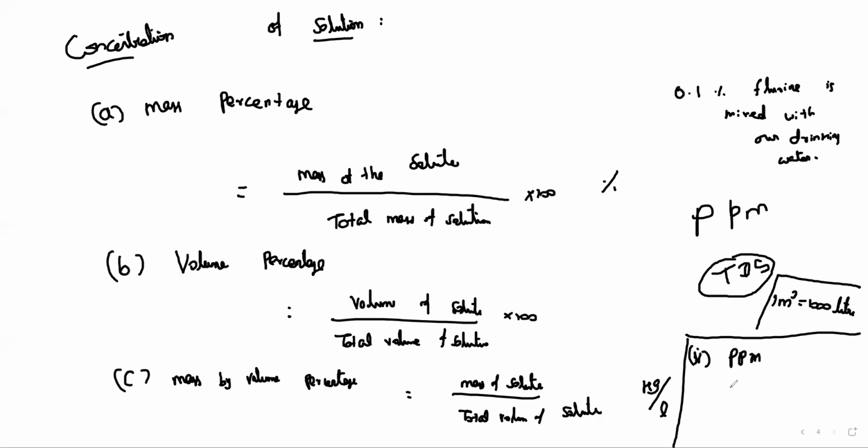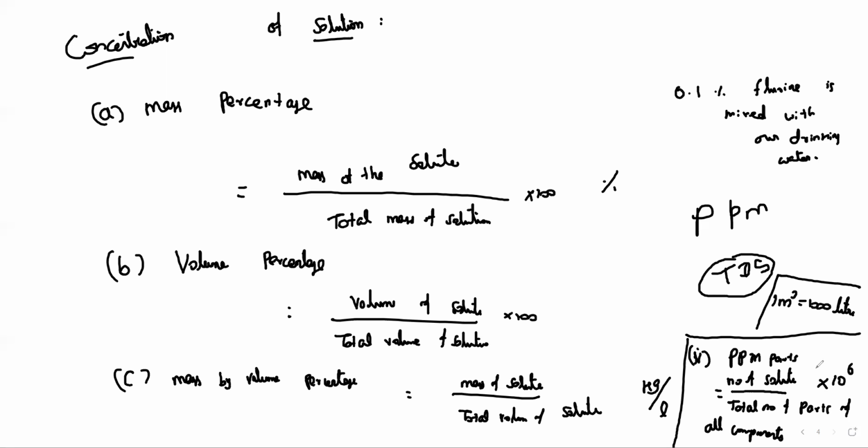ppm, parts per million. Parts per million means you have to express the number of parts of solid component to the total number of parts of all components, into 10 to the power of 6.